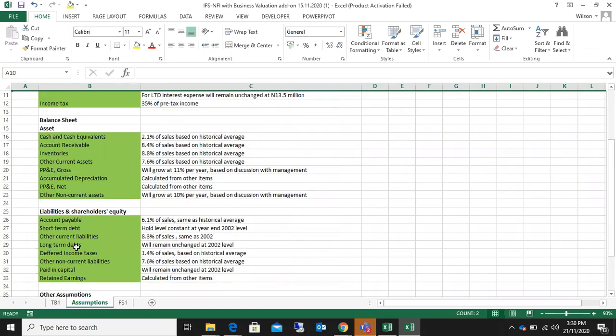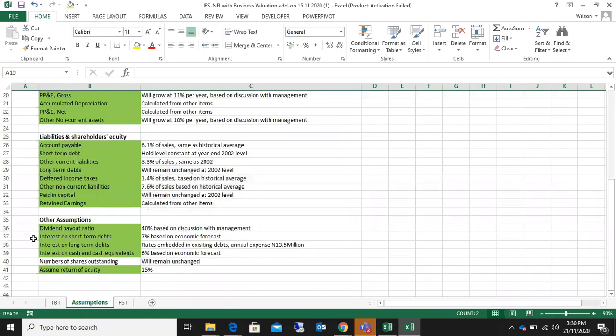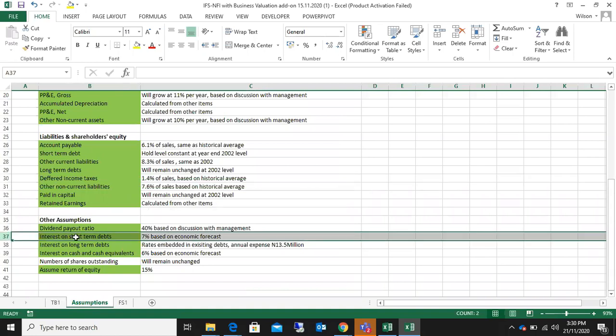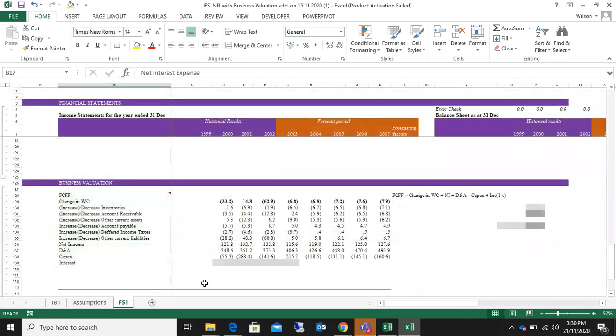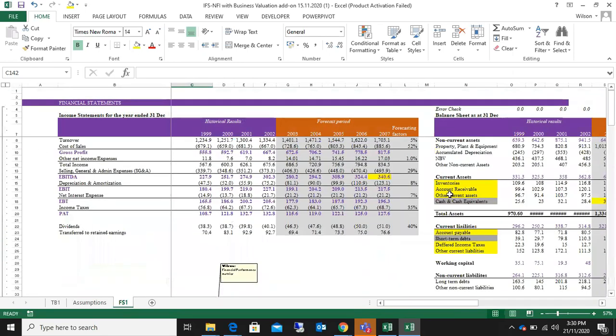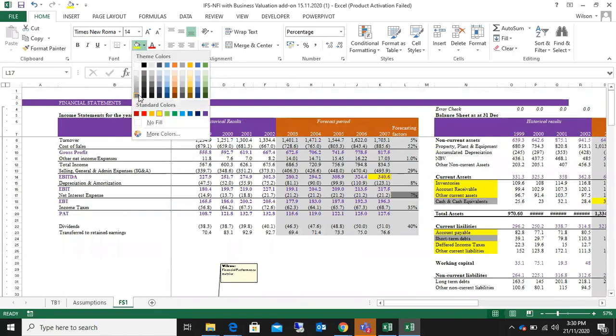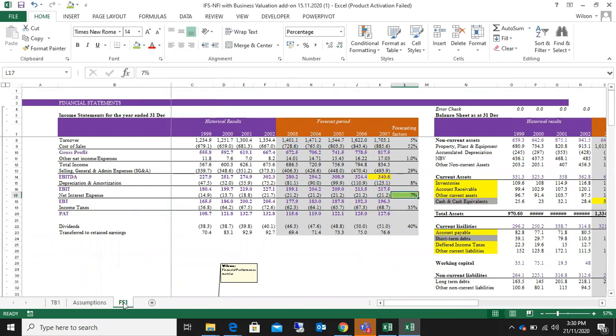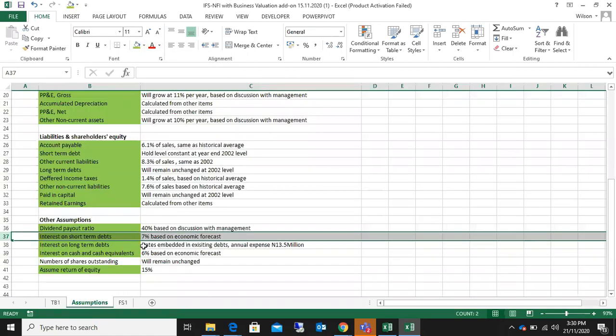So you look further in the assumption, you will see that we were told that interest on short-term debt is 7% based on economic forecast. So you have to note down somewhere here. I think we have that assumption here. So 7%, right? So let me give it this color. Okay. So 7% based on economic forecast.